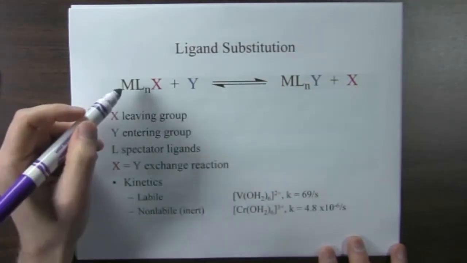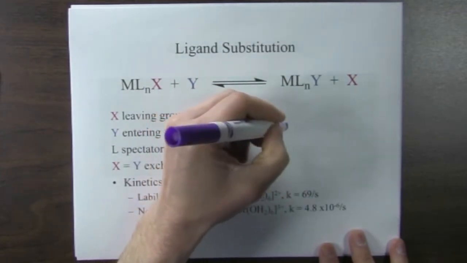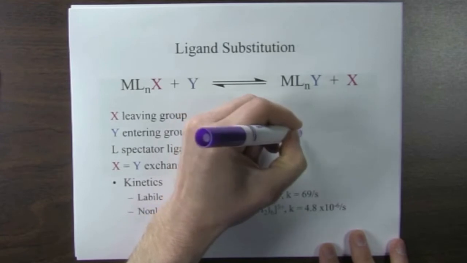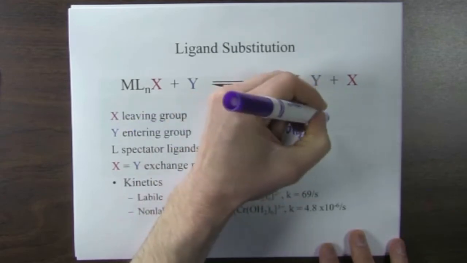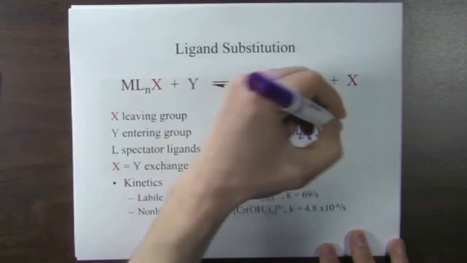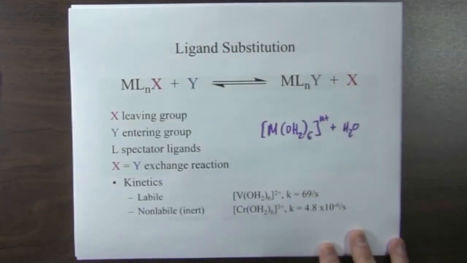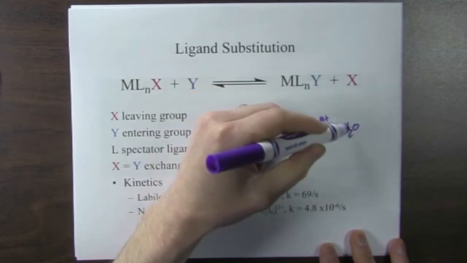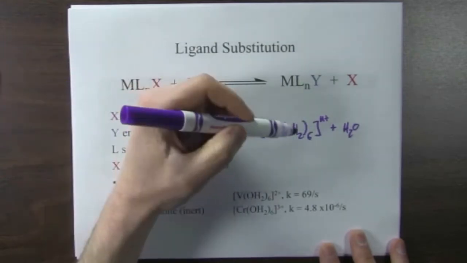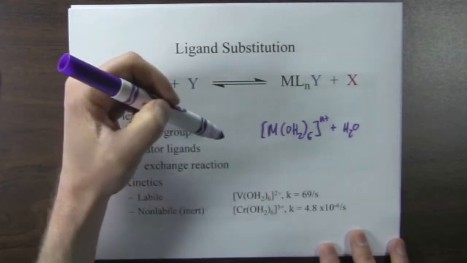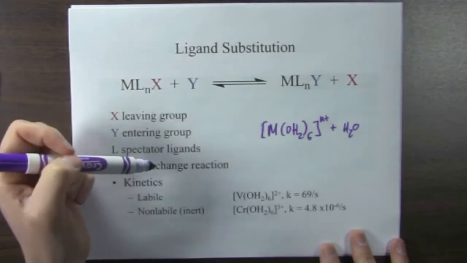So for example, if your metal ion is in water, which we said is actually a complex of water as a ligand surrounding the metal ion, there are plenty of other water molecules available, and so this water ligand will replace this water ligand at quite a fast rate usually, but you wouldn't be able to observe it because the products look exactly like the reactant. So that's the self-exchange reaction.